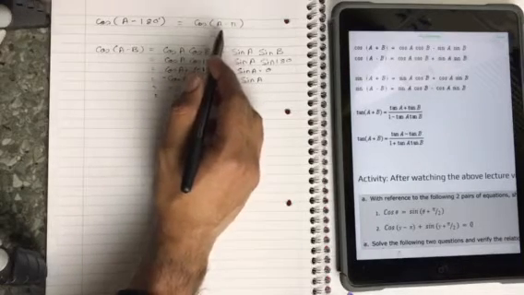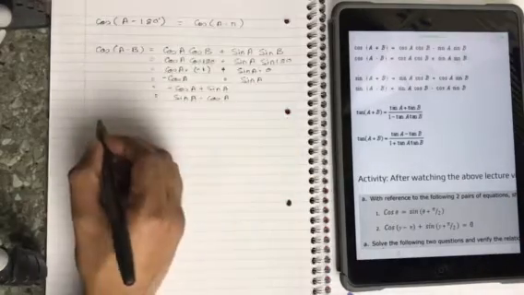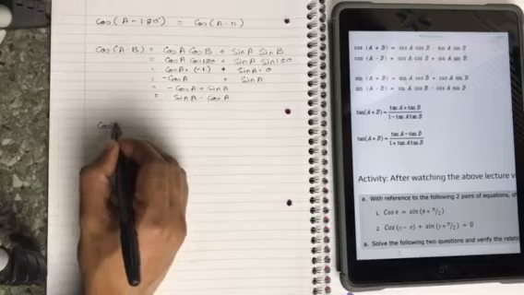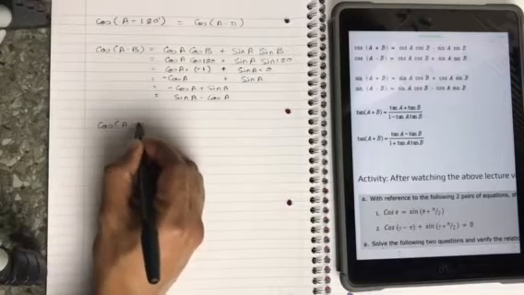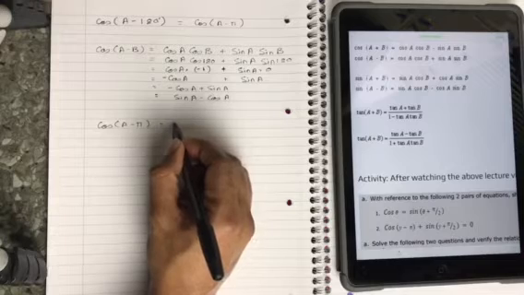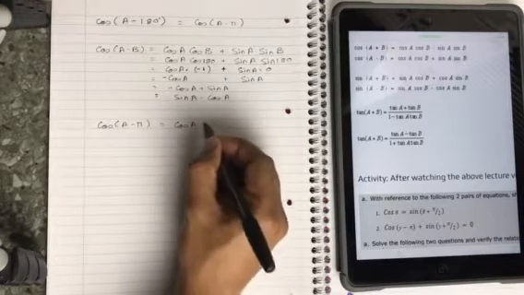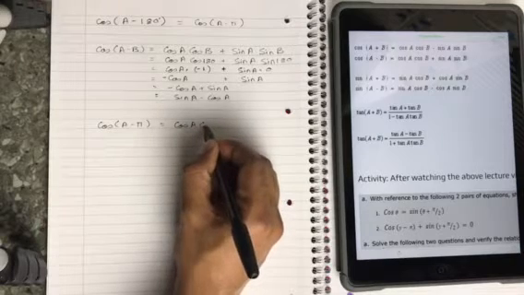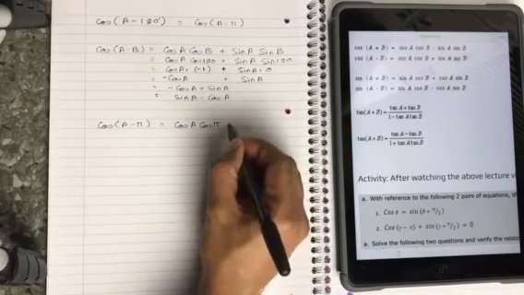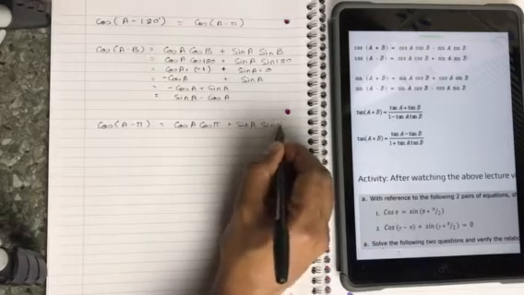Now I'm going to solve the second part, cos of a minus pi, which is again very similar. It's going to be solved in the same way, so that's going to be cos a cos pi plus sine a sine pi.